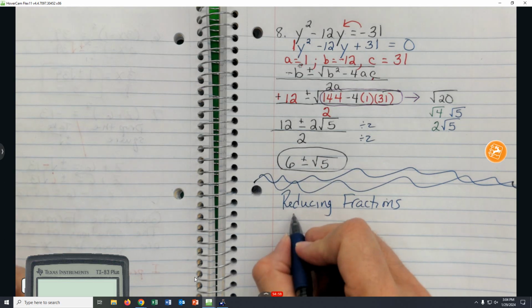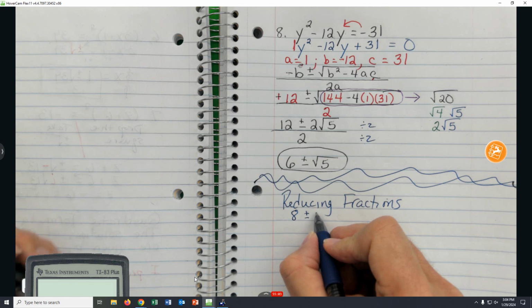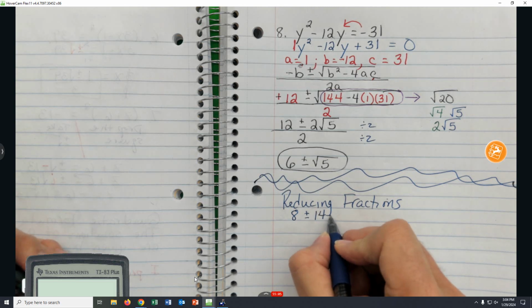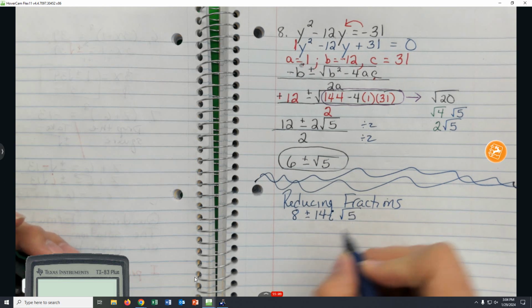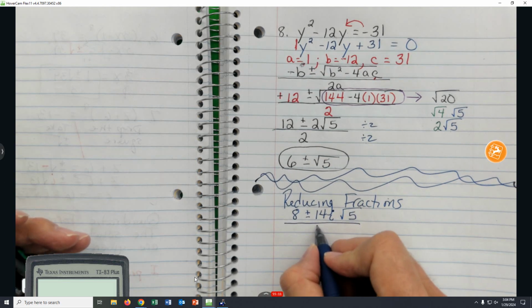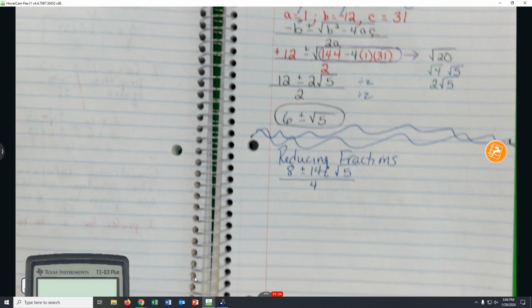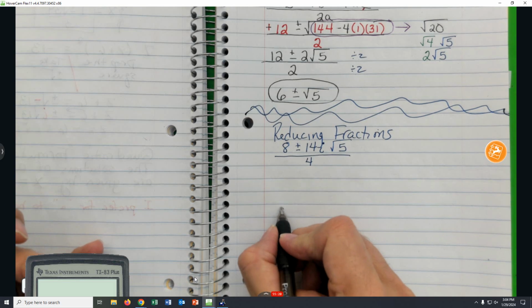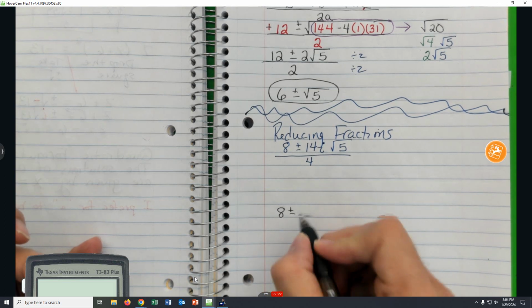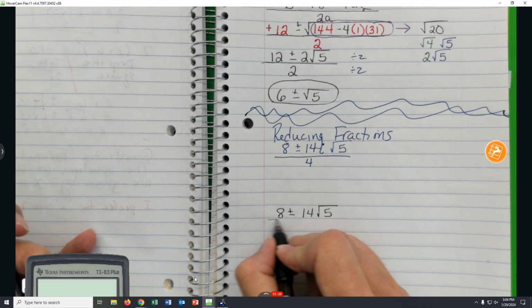Suppose you had 8 plus or minus 14i square root of 5 all over 4. How will we reduce that versus this one here? 8 plus or minus 14 square root of 5 all over 4.